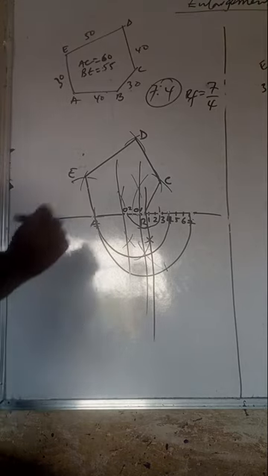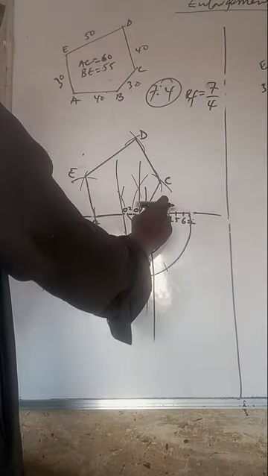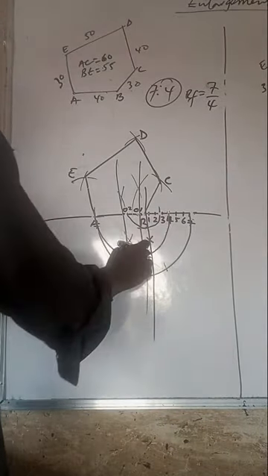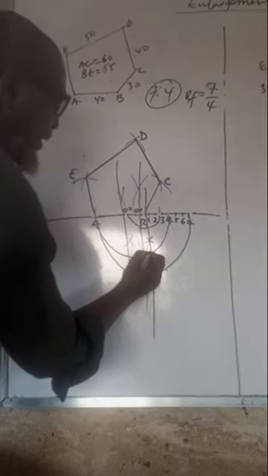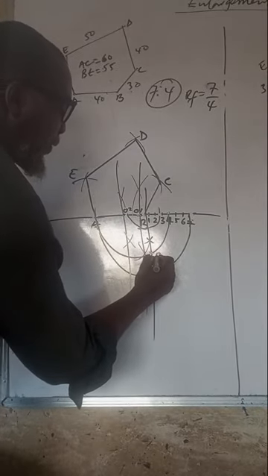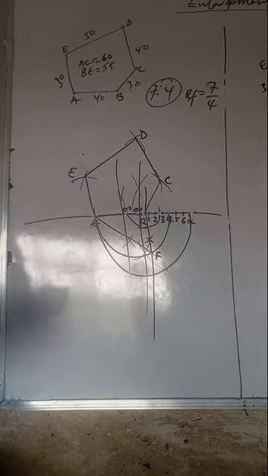Now, remember that the actual size here is 4. So for the semicircle of 4, you look at where that perpendicular line is intersecting it, which is this place. Let's call this place F and join it to A. Is that clear?